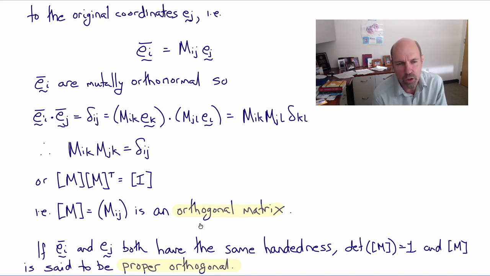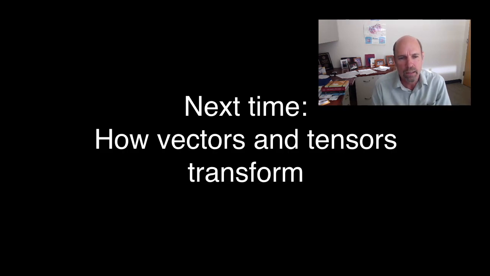Recognizing that a translation doesn't affect the components of a vector, and assuming that everyone is using a Cartesian frame of reference with the same handedness, the only difference between one frame of reference and another is a rotation, which is an orthogonal transformation. And so we can now go on to use that orthogonal transformation to define the relationship between the components of the vector, given that we now know the relationship between the unit vectors of the two coordinate systems. So we'll do that next time.